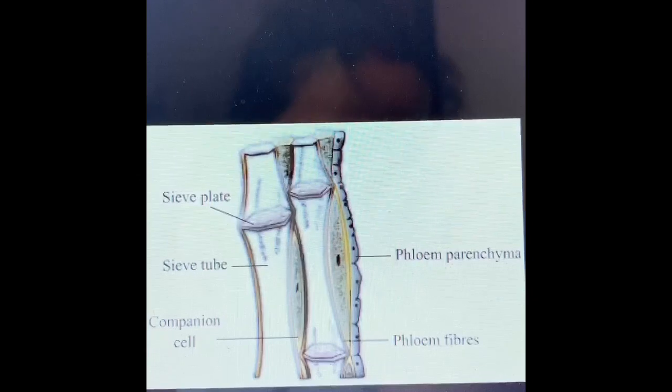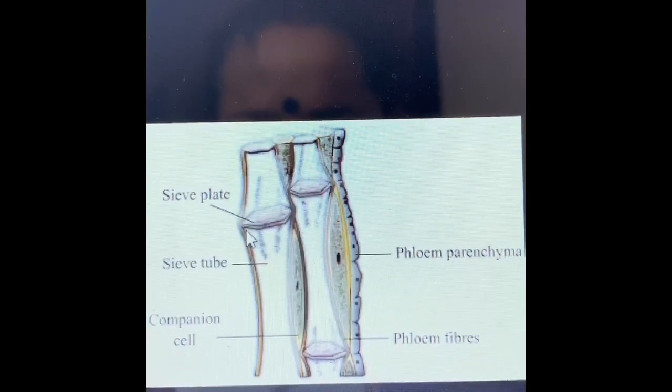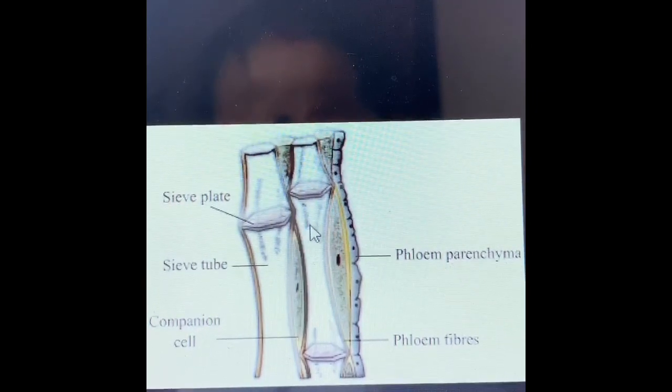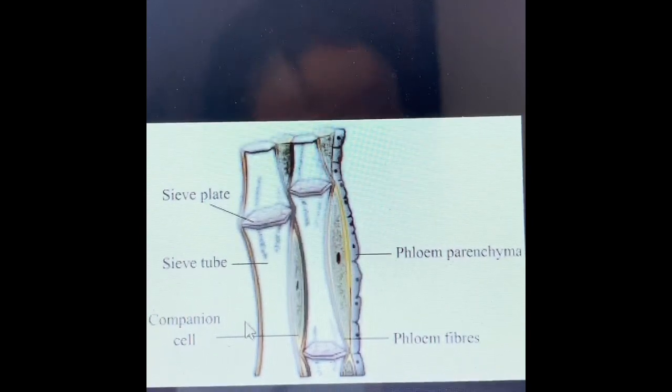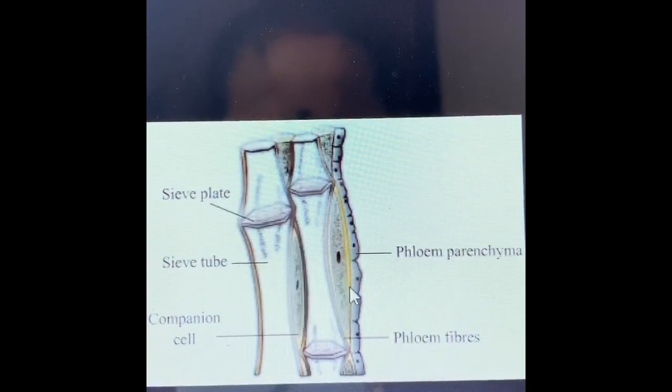Please draw this diagram in your notebooks. This diagram shows this is a sieve tube cell, this is a sieve tube cell, this is a sieve plate showing perforations. This is also a sieve tube cell, again a sieve plate showing perforation. In between them is the companion cell which assists both the sieve tube cells because they lack a nucleus.